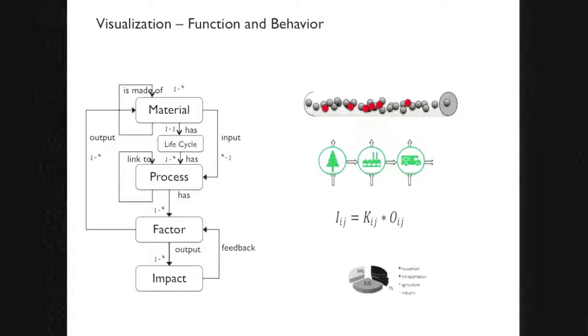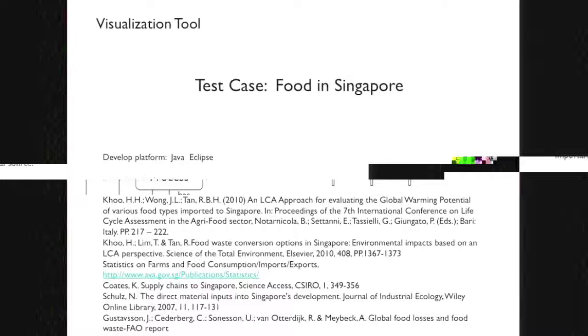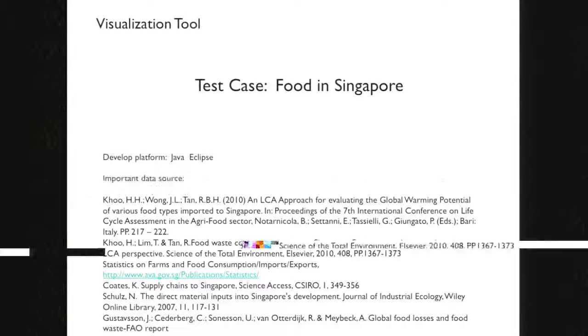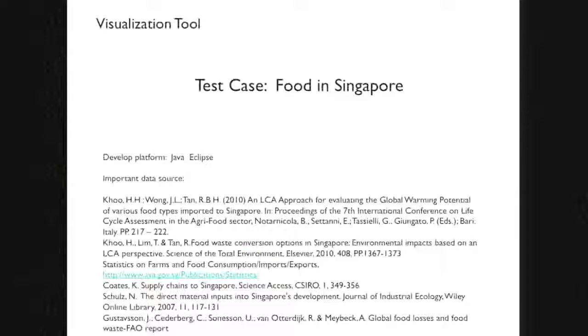After we got everything, we try to use some graph representation for the information. And then we implement this conceptual model into a tool. We use the food data in Singapore as a study case, as testing data.